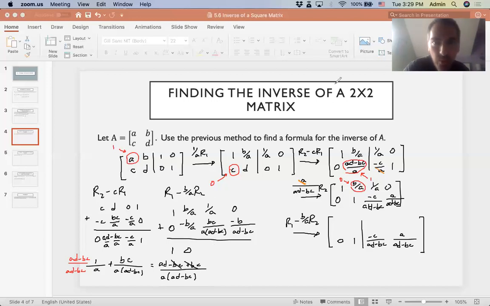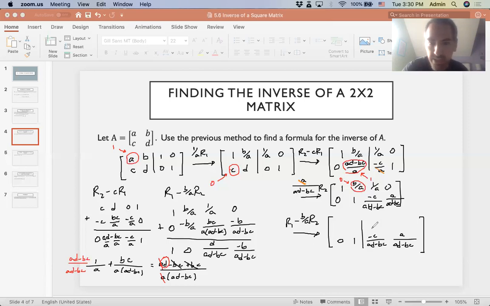And then the A's will cancel as well, leaving me with this D over AD minus BC. And then 0 plus a negative B over AD minus BC.